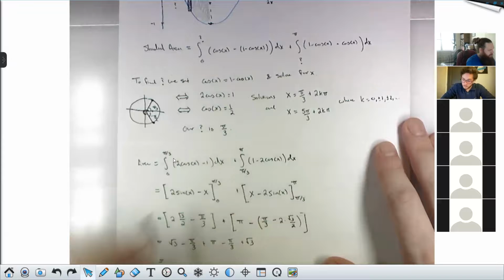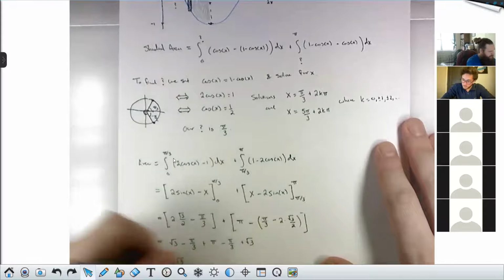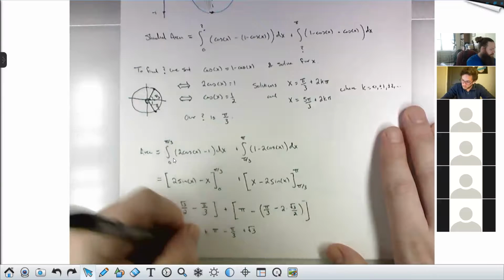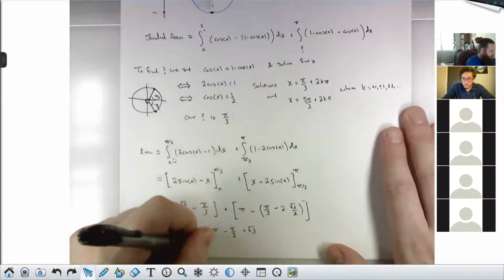So altogether, I've got 2 square roots of 3. I've got minus pi over 3 minus pi over 3, which is minus 2 pi over 3, and then plus pi. Pi is 3 pi over 3. So minus 2 pi over 3 plus 3 pi over 3 is plus 1 pi.